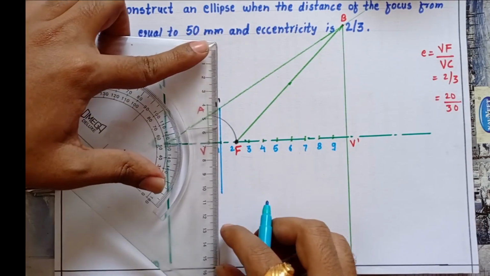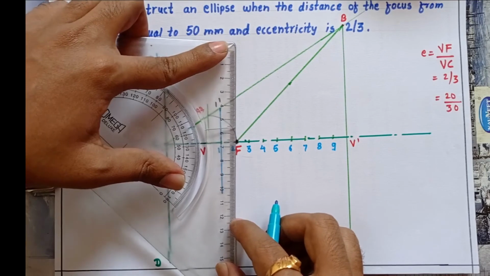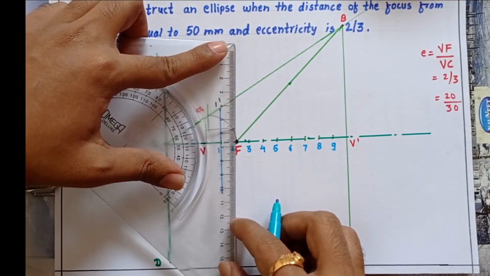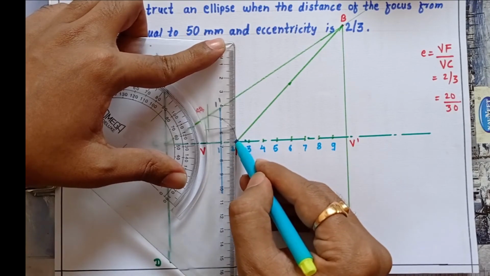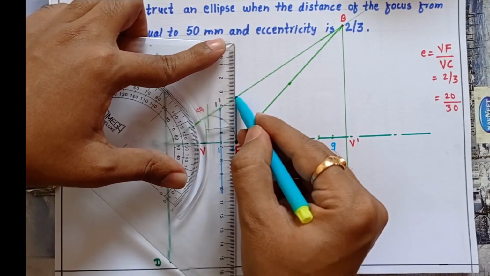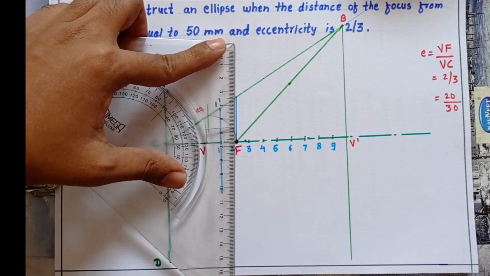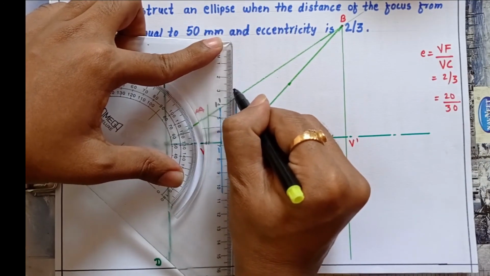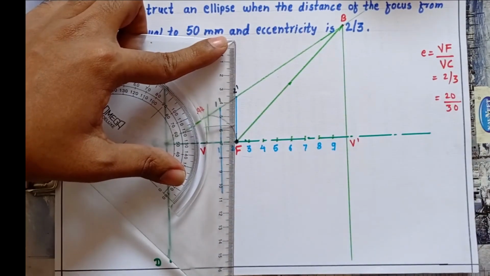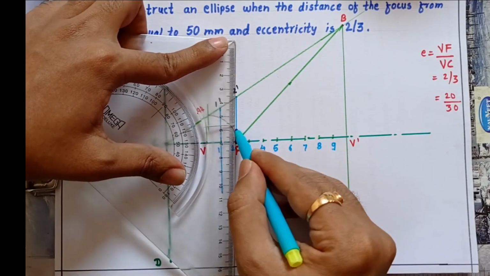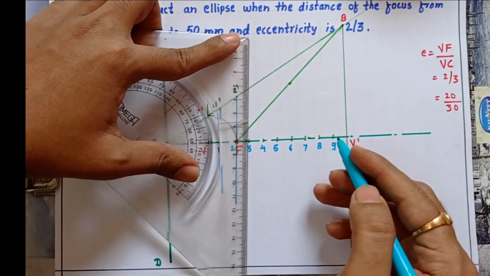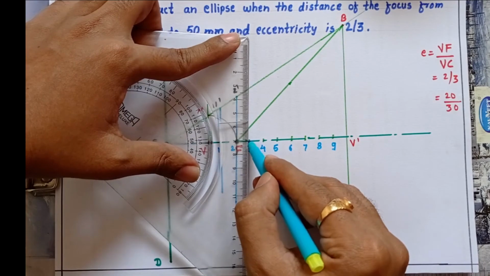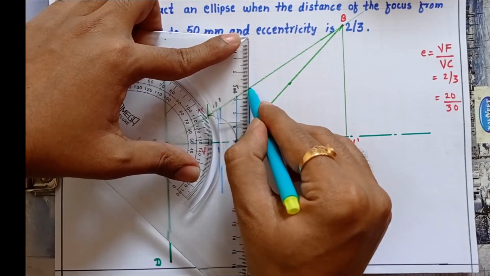Similarly, we further draw another line perpendicular to the horizontal line from the point number 2. It is extended vertically upward, and its intersection with the previously drawn inclined line is labeled as 2 dash. The same line is further extended downward, and it is carried out for the next points. This is your point number 3, straight vertical line.